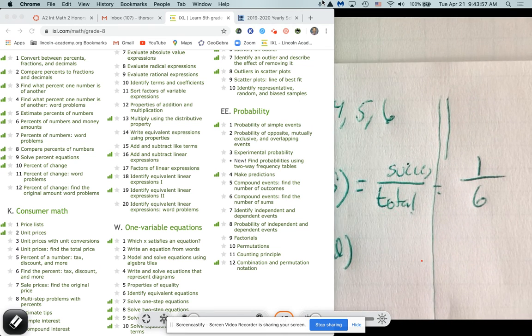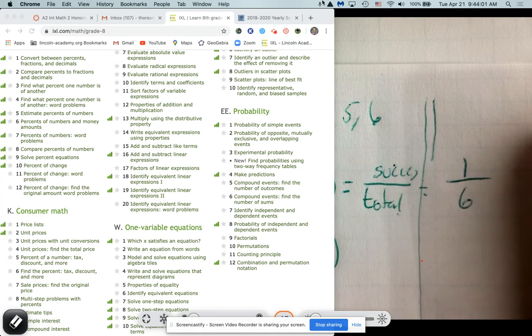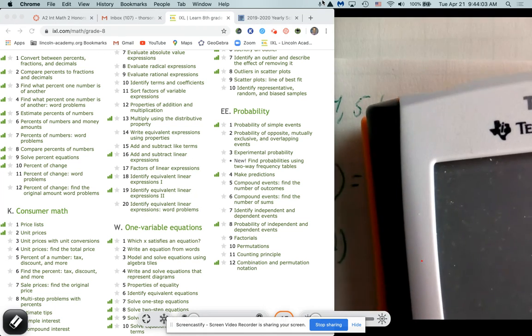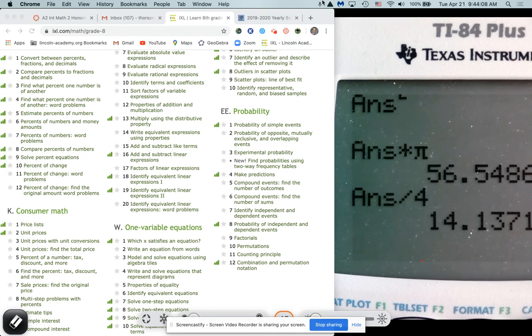Now, a lot of times they want to be able to know the probability as a percentage. So make sure you have a calculator and you know how to do percentages.